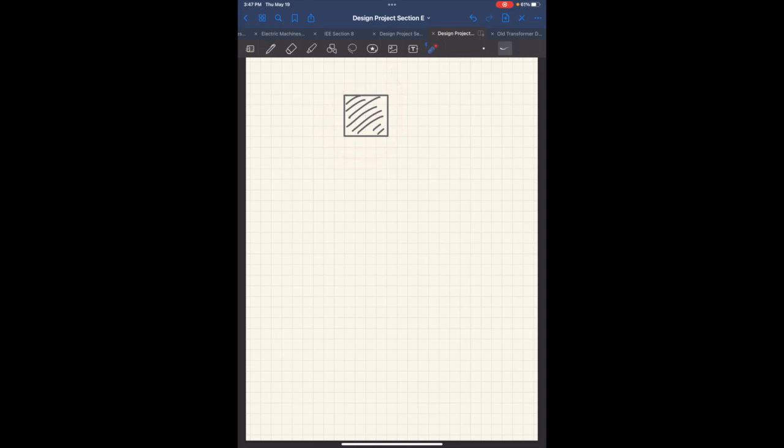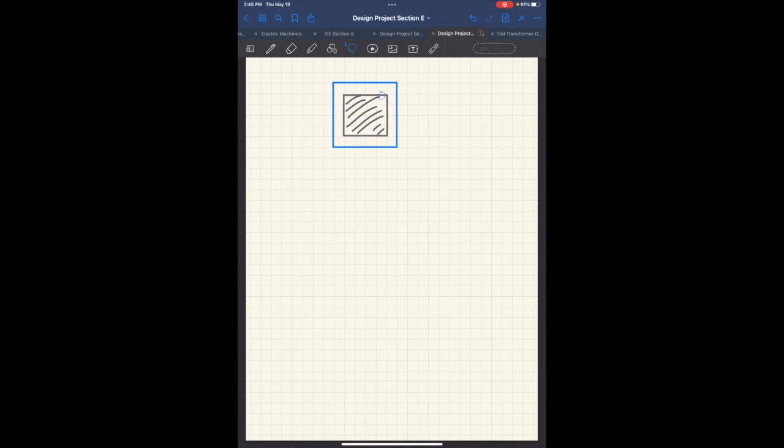Let's start with the low side because it has fewer layers. Let's say that we have one layer like this. And let's say now that we want to find the length of that layer.